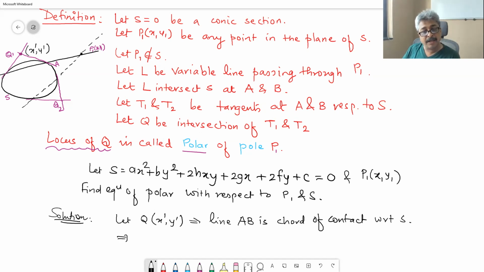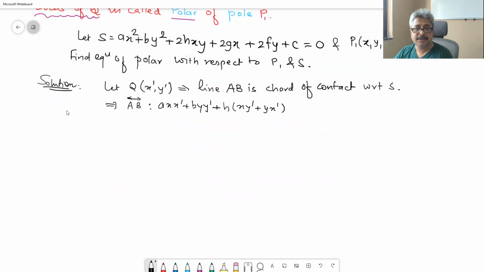Therefore, the variable line AB will have an equation looking like a x x' plus b y y' plus h(x y' + y x') plus g(x + x') plus f(y + y') plus c is equal to 0.